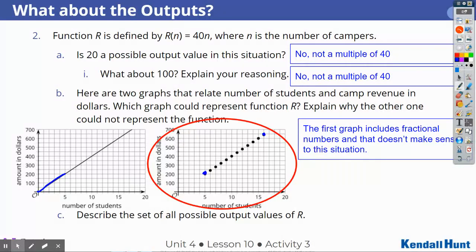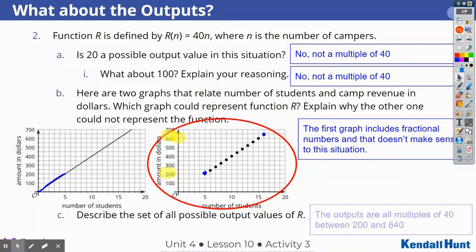So how could we describe this set of possible output values? We described our possible input values earlier, our domain, as values being between 5 and 16. So our possible output values, if you're looking at the graph, you can see that it starts at 200 and ends above 600. And if you know your multiples of 40, it would just be 640.